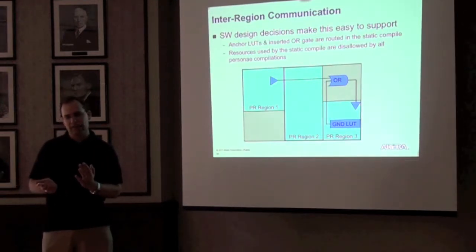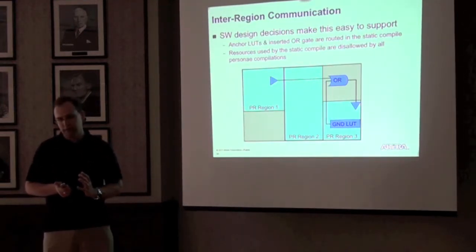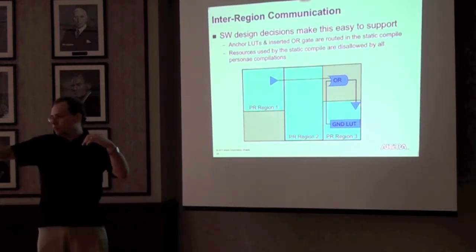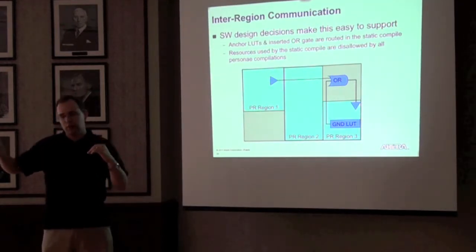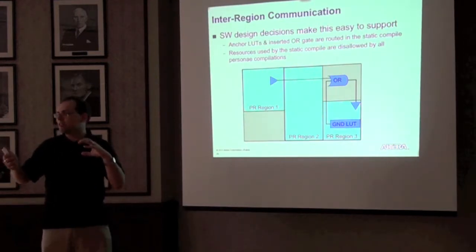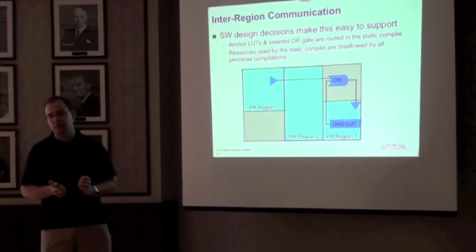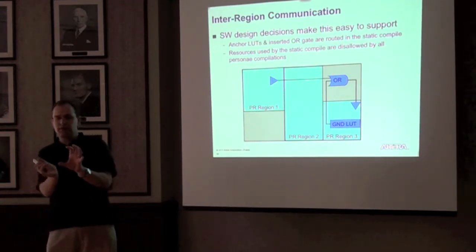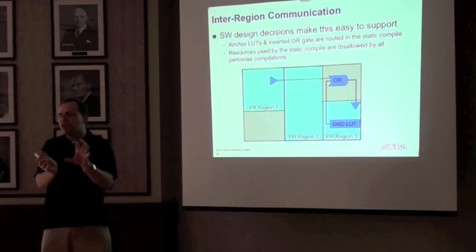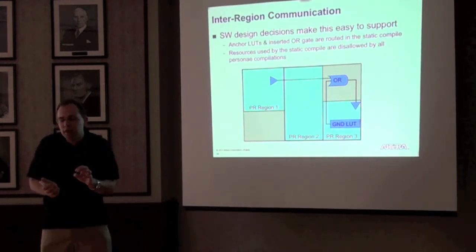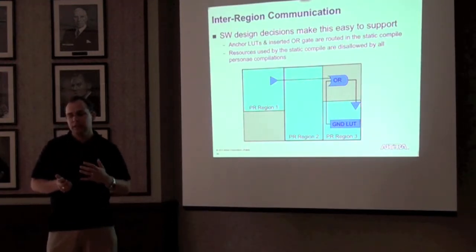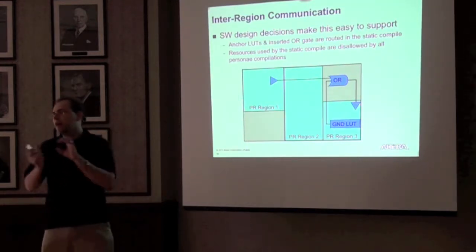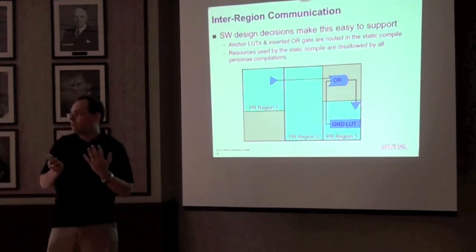Because we insert the anchor LUTs and OR gates on that first compile, we are able to reserve those routing wires to complete the necessary connections to achieve the inter-region communication. And then when we import just that small little subset, which looks like just a floating set of nodes, into all the persona compilations, those resources are disallowed, and then whatever you put on either side just gets hooked up together and it just all works.